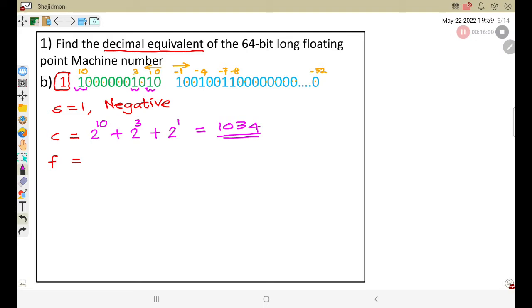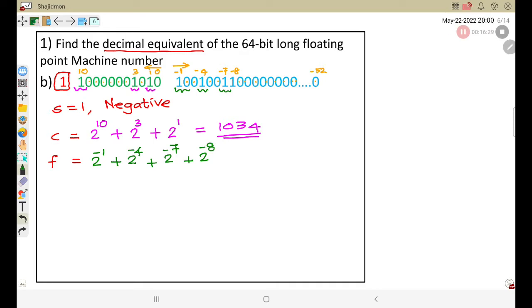Now we go to the fractional part again. Starting from 2 power minus 1, no need to write the 1, plus 2 power minus 4, plus 2 power minus 7, plus 2 power minus 8, 2 to the power of the position of the number.